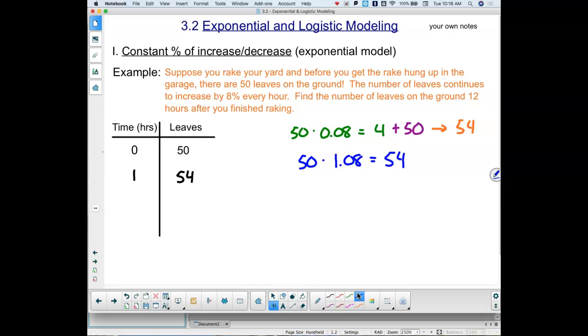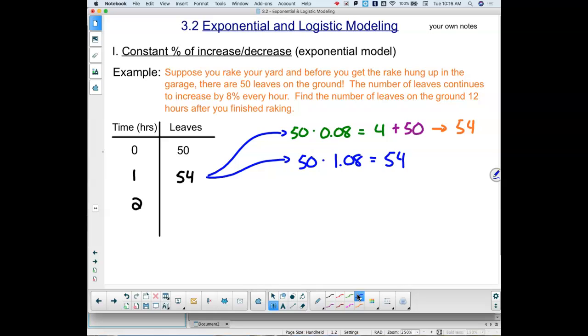So now it's 2 hours after you got done, and how many leaves are on the ground? I don't know if I did it right.